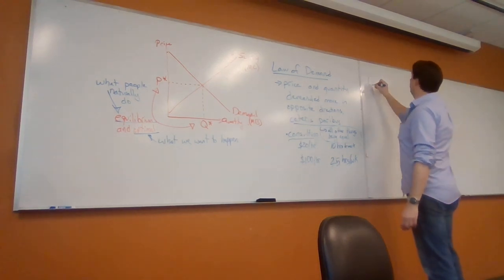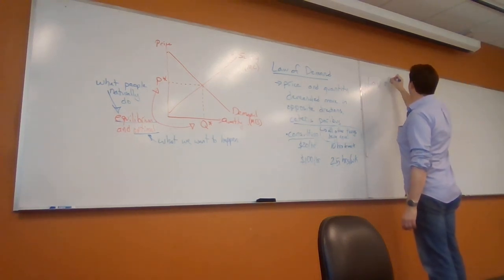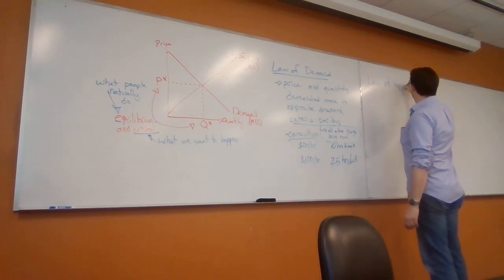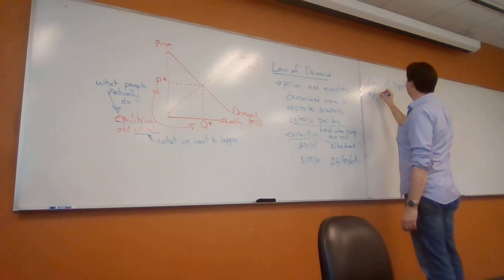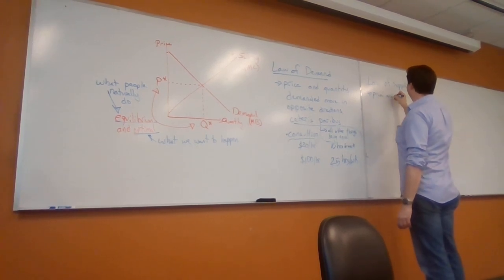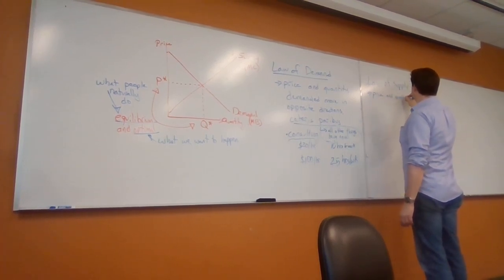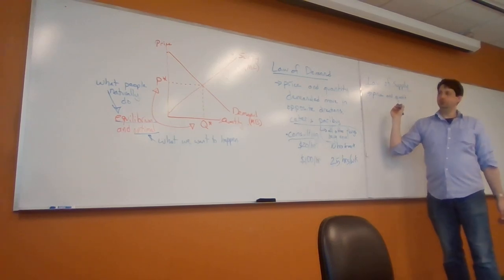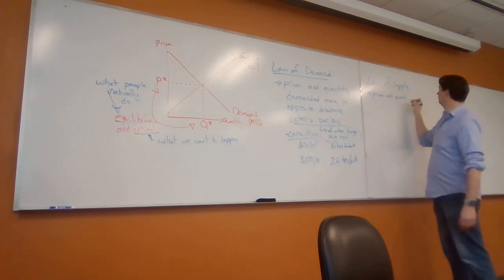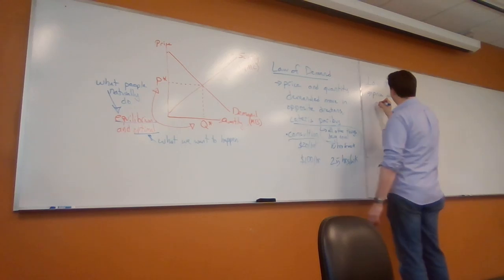Well, just as there is a law of demand, you can probably guess what the next thing is. What is it? Law of supply. And what do you suppose the law of supply is? Anyone? Price and quantity move in the same direction.